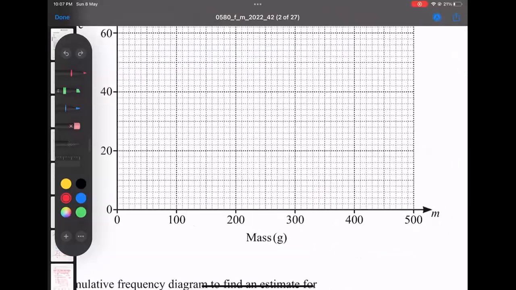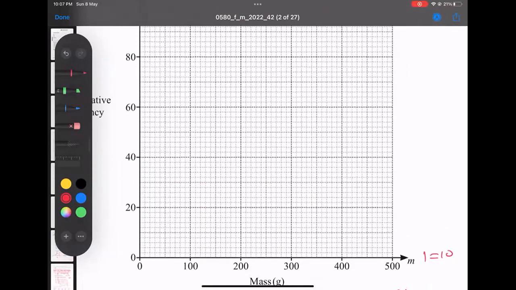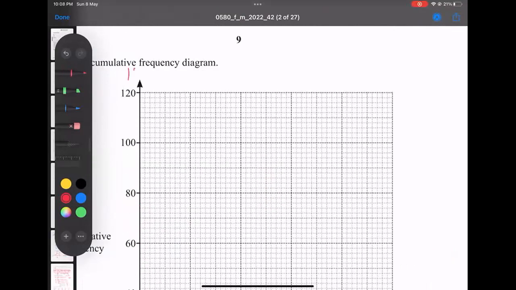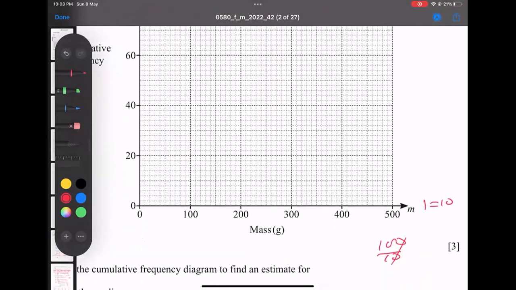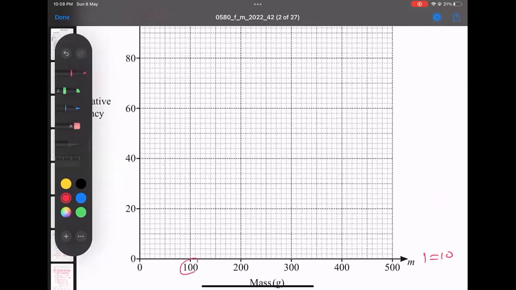Now, first of all, you need a scale. 100 divided by 10 gives you 10. So 1 equals 10. But here 20 divided by 10, one box is 2. I'm looking for 50. 50 is naturally here.